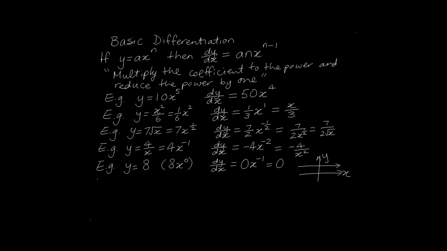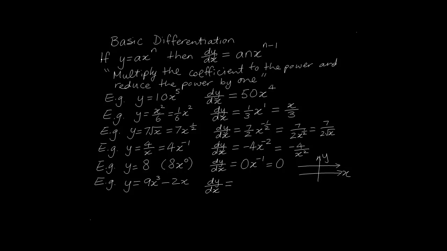Now let's have a look at just a variation on this type of function as well. Let's suppose we have something like y equals 9x cubed minus 2x. So notice that we've got two terms here. To find the derivative, very simply, we differentiate each of those terms individually.